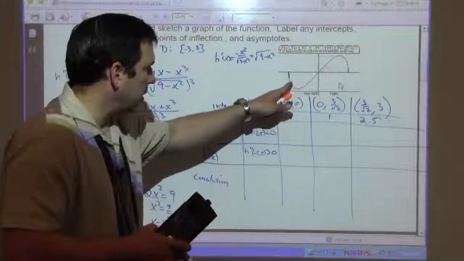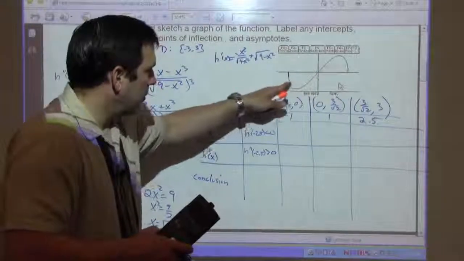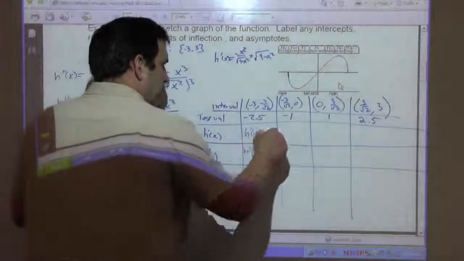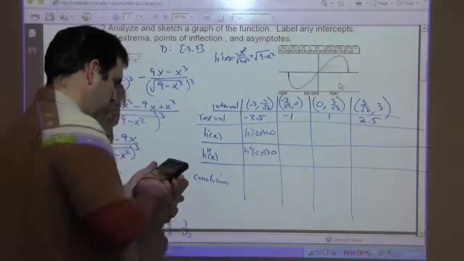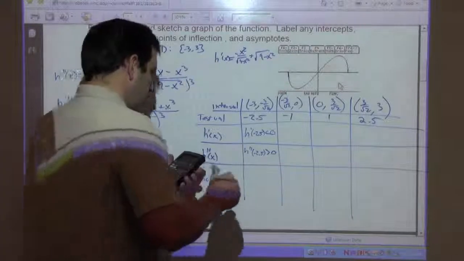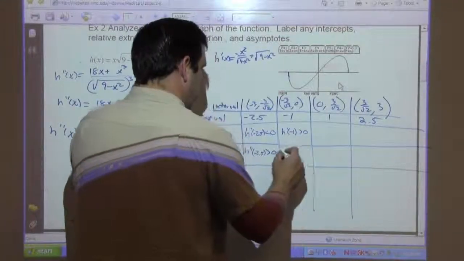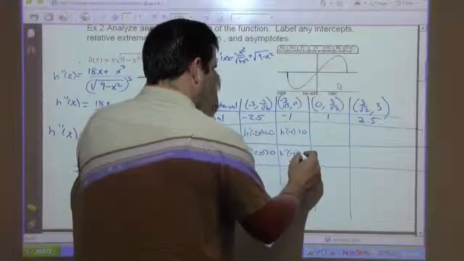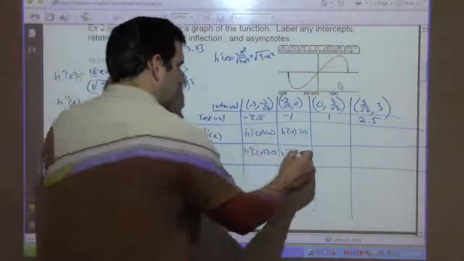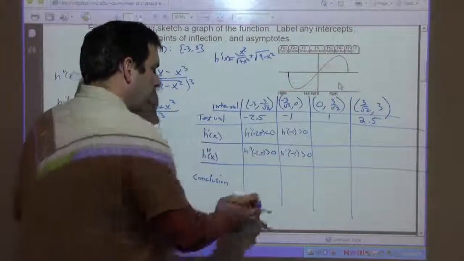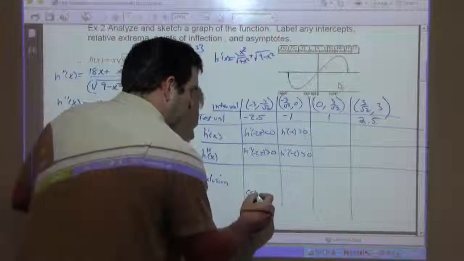Yeah, it certainly looks like it, concave up. And then let's do negative 1. So h prime of negative 1 is positive. H double prime of negative 1 is also positive. Okay, so that means we're still concave up.